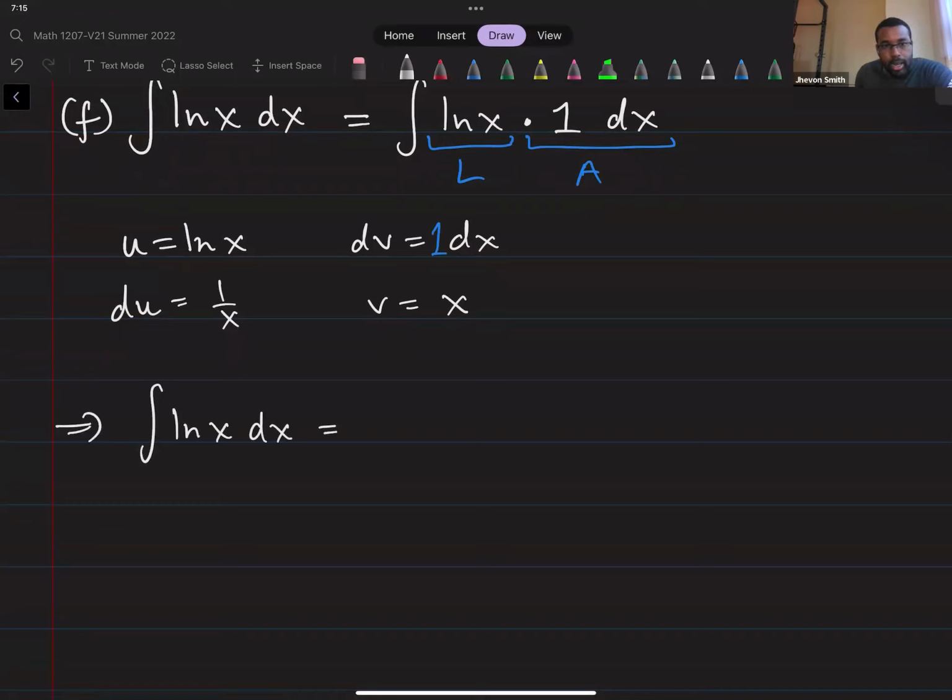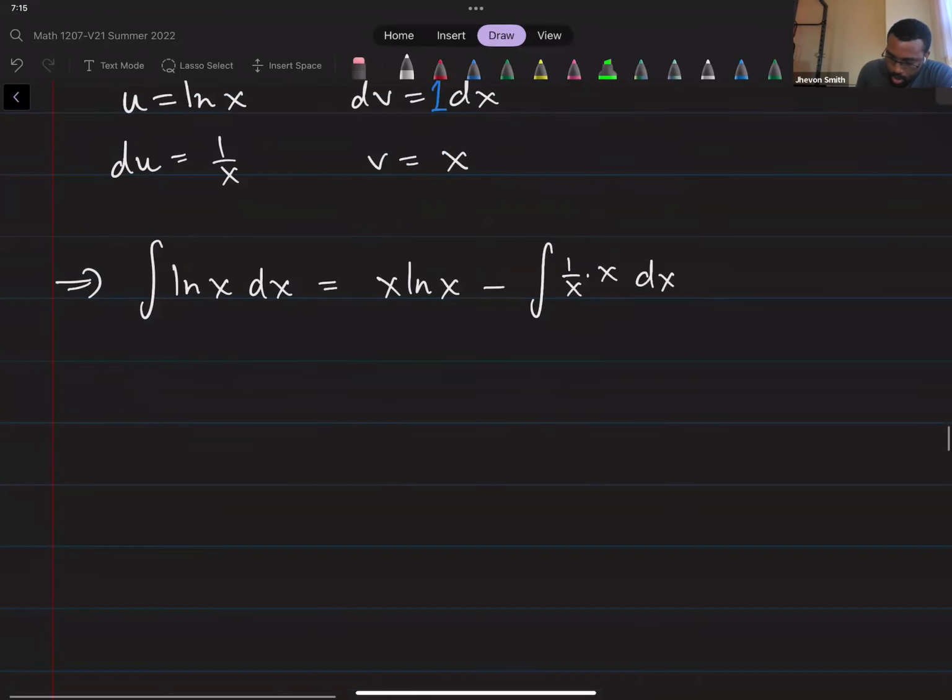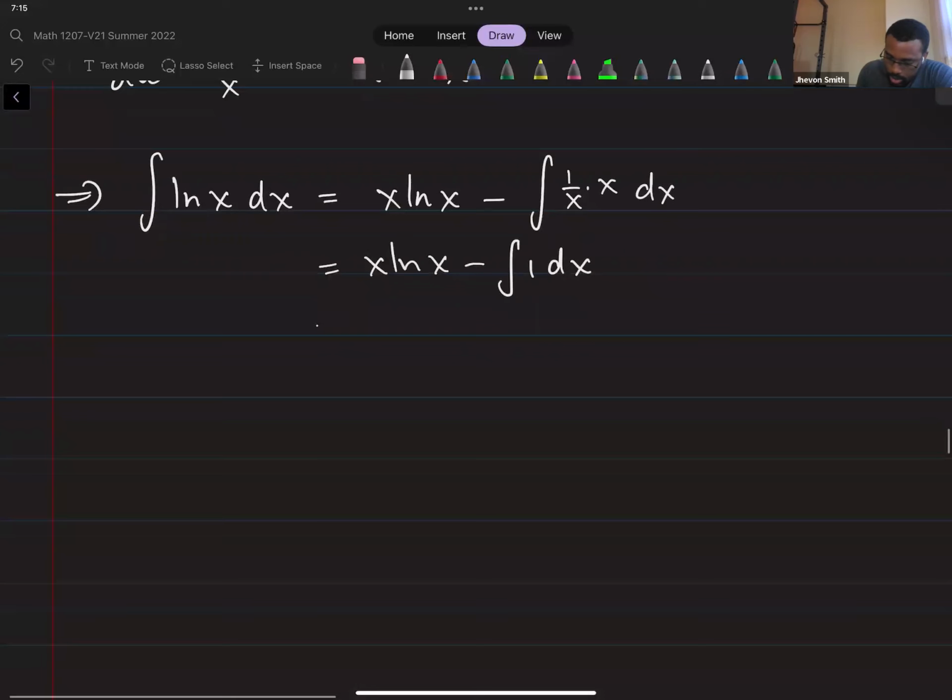So the integral of ln x is going to be u times v minus the integral of v du, which is actually just the integral of 1 dx. So that's x ln x minus x. And that's it. That's the integral of ln.